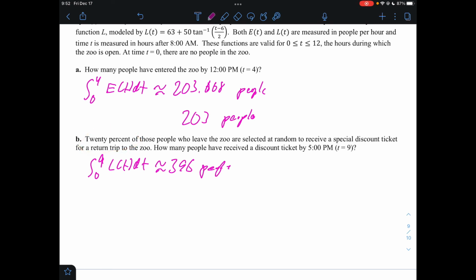So we want 20% of that, or 1/5 of that. So 396 divided by 5 would be 79 people. Actually, I can't read my own writing. This would be 395 people. 395 people. So it'd be 79 people are receiving a special discount ticket.